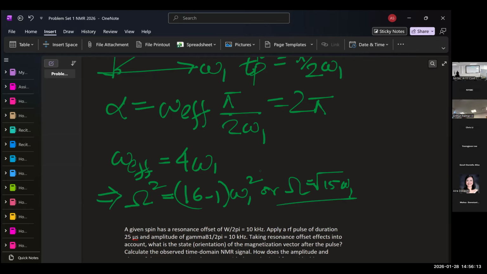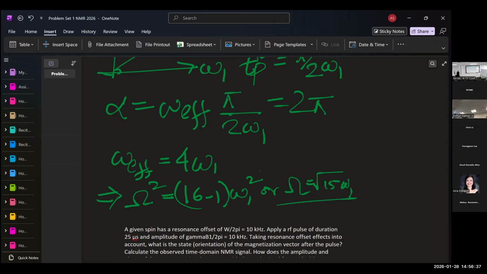So this is, I guess, a fairly straightforward way if you wanted to achieve selective excitation and you had the offsets lining up in this fashion. You could stay on resonance and line up the omega 1 field such that it is the offset divided by the square root of.